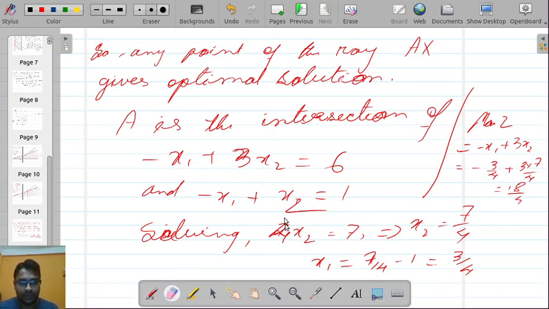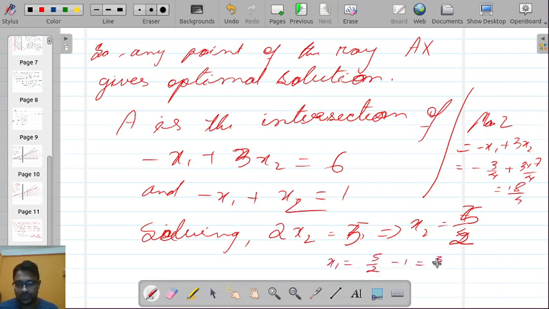I have to subtract this, so 3x2 minus x2. This is actually 2x2 equal to 5. So x2 is actually 5 by 2. Please make this correction. x2 is 5 by 2, and x1 is x2 minus 1, so x1 is 5 by 2 minus 1, that is 3 by 2.